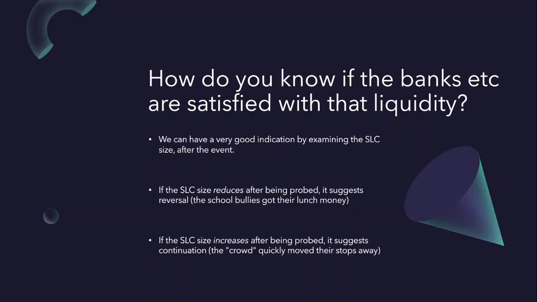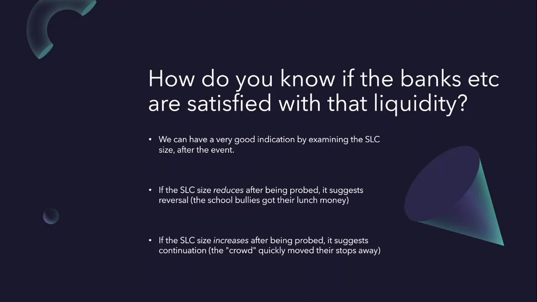So how do we know if the banks, etc., are satisfied with that liquidity? We have a very good indication by examining the stop loss cluster size after the event. If the SLC size reduces after being probed, it suggests reversal. The school bullies got their lunch money. If the SLC size increases after being probed, it suggests continuation.